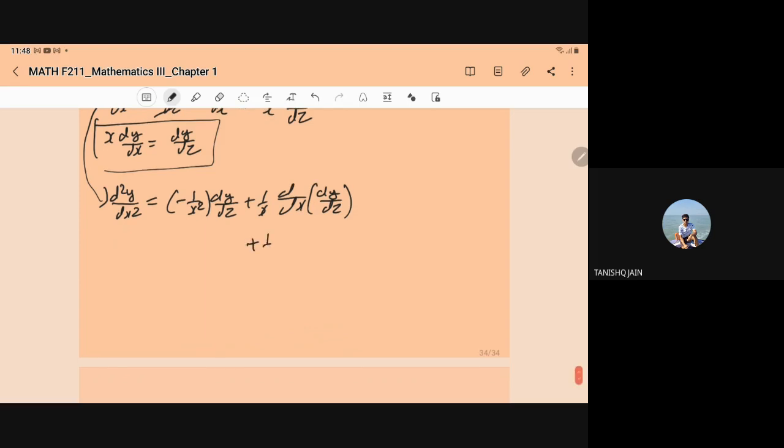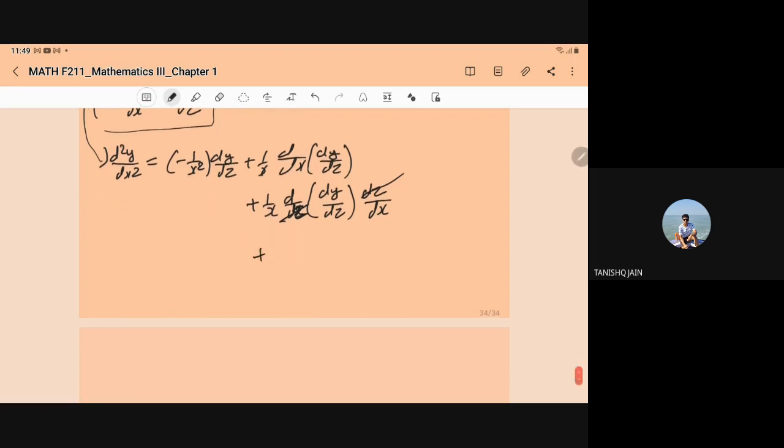That can be written as 1 upon x into d by dz of dy by dz into dz by dx. So this dz cancels this dz, and again you will get d by dx of dy by dz.